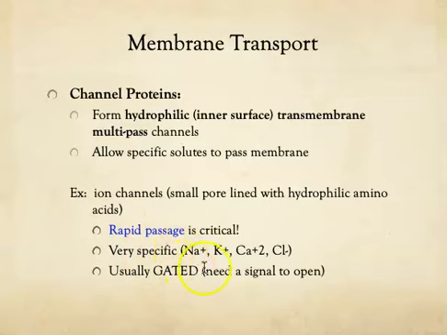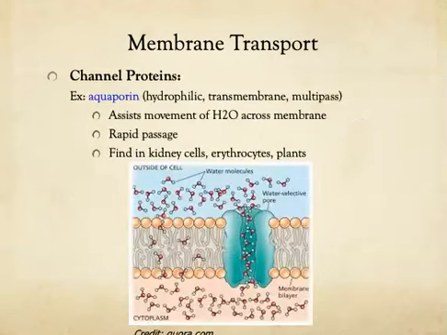So in other words, there's a different channel for sodium than there is for potassium, than there is for calcium, and so on. And ion channels are gated. They need some kind of a signal to open up the gate and allow the ion to pass through. We will talk about ion channels when we talk about muscle cell physiology and nerve cell physiology.